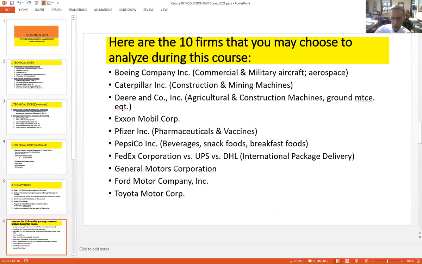Okay, so here are those 10 optional companies, and they represent a variety of companies in various industries. And all these companies have lots of international business.